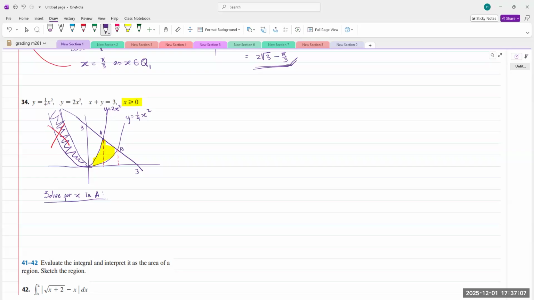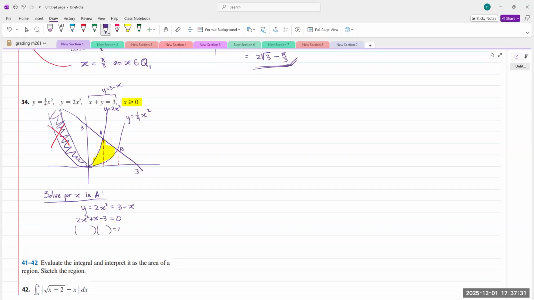So y equals 2x squared and at the same time y equals 3 minus x. So 2x squared plus x minus 3 equals 0.